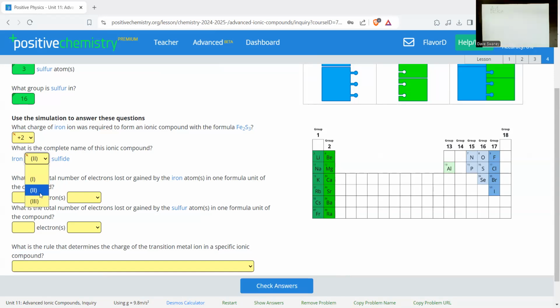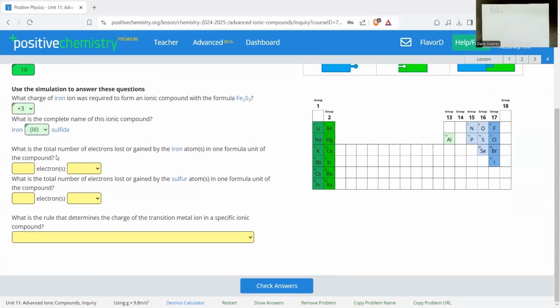Sorry, the charge was 3, wasn't it? 3, there we go. What's the total number of electrons lost or gained? Now, the metals want to go positive, which means they're losing electrons, and it was 3 of them that the iron lost, right? 3 electrons are lost.